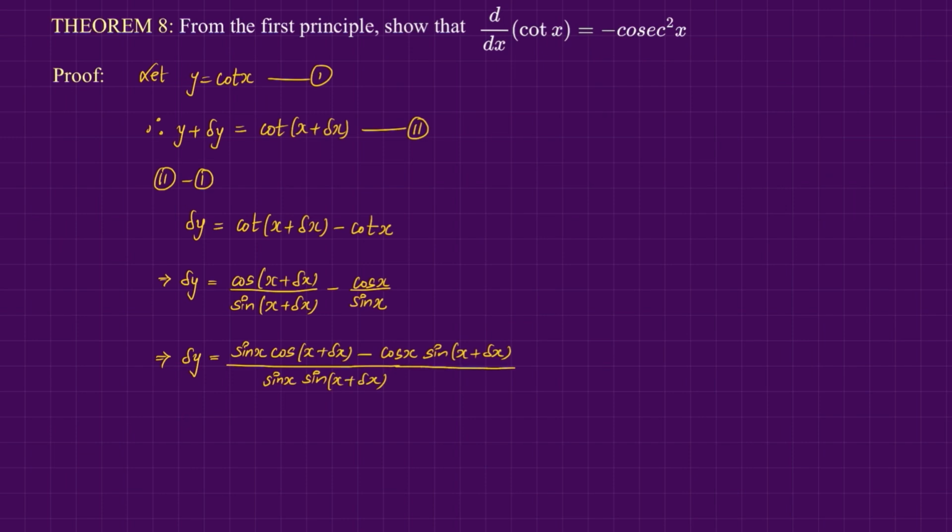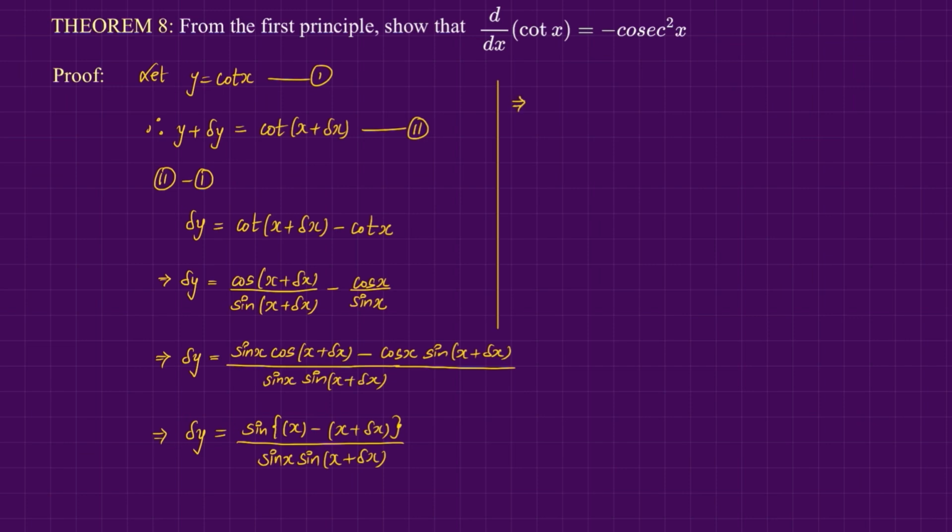So this implies delta y equals, now in the numerator you can see this is in the form of sine A cos B minus cos A sine B. So that can be written as sine of (A minus B), so it will be sine of (A minus B) whole divided by sine of x into sine of (x plus delta x).